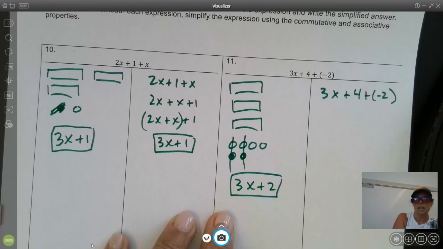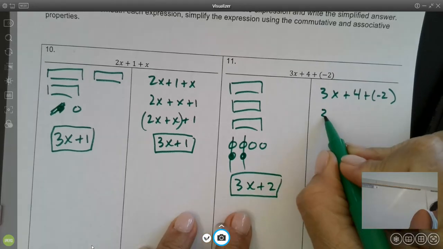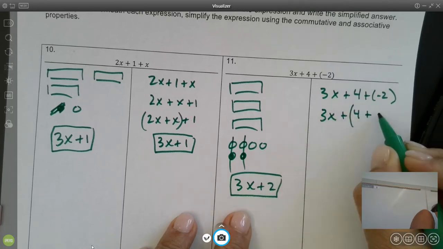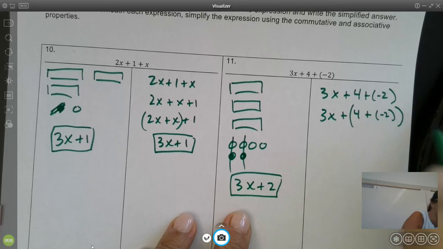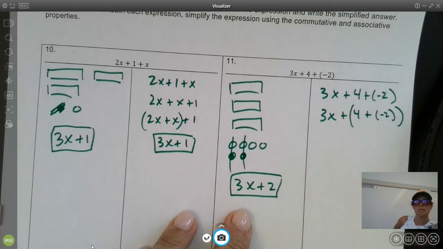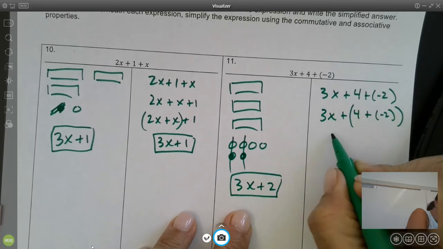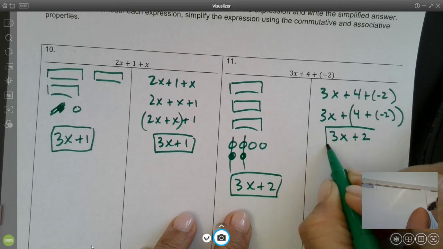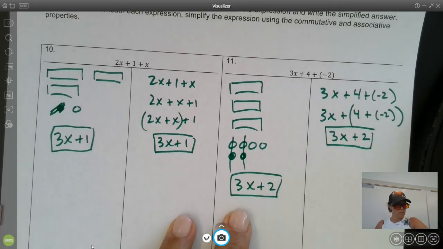Okay, I'm gonna go in and I'm gonna group the 4 and the -2. They're already next to each other. So I just went and put parentheses. I grouped them, I associated them. And then 4 plus -2 gets me that same answer, 3x plus 2.